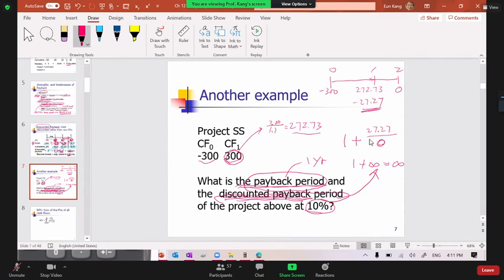So that's really a bad project, right? That is why discounted payback period is better than simple payback period. That is one improvement over payback period, but all the other disadvantages are there. But this is slightly better than payback period. Okay.